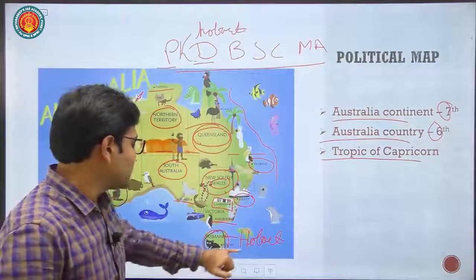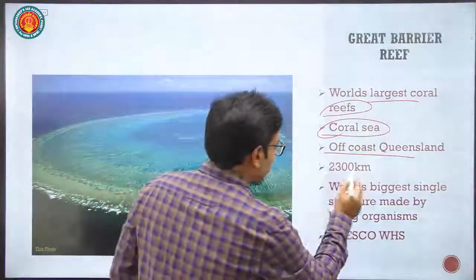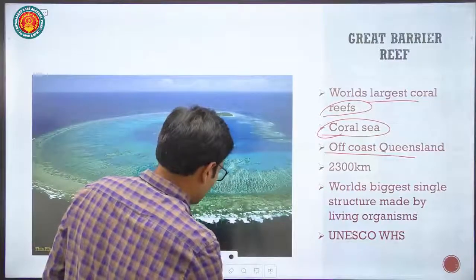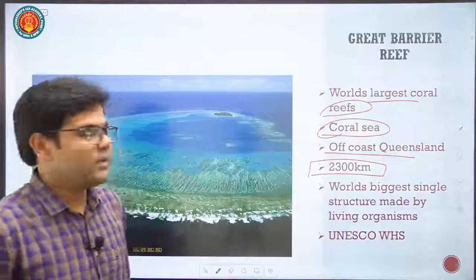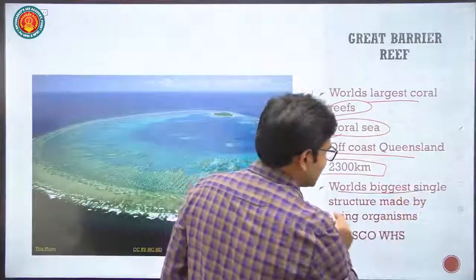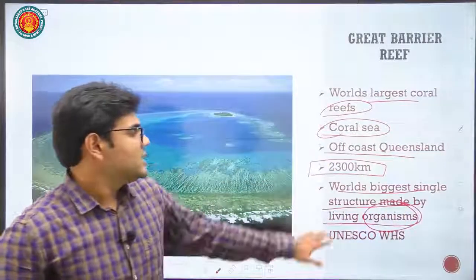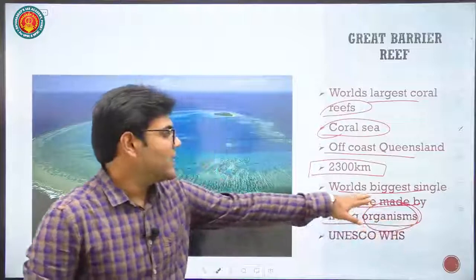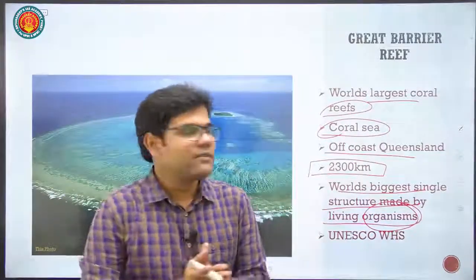And it's also the longest coral reef in the world, covering almost 2,300 kilometers. So that's very long, right? Then it's also the world's biggest single structure made by living organisms. So you can see this is a geographical phenomenon.